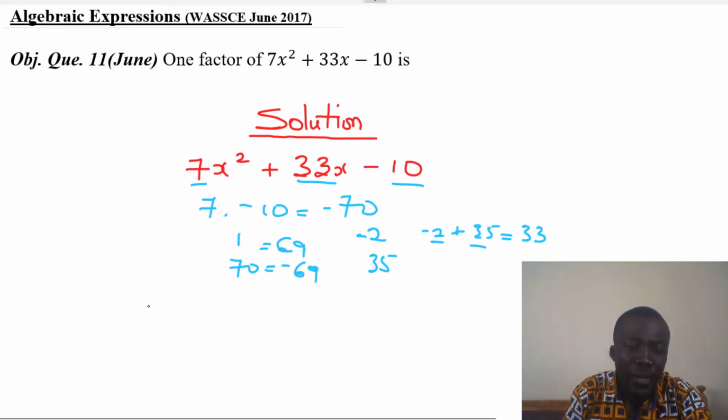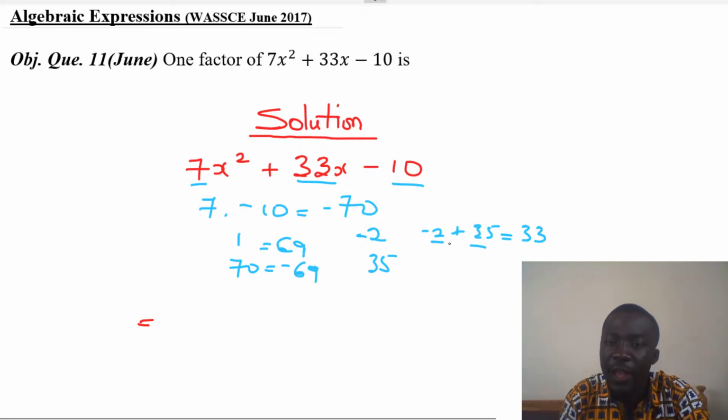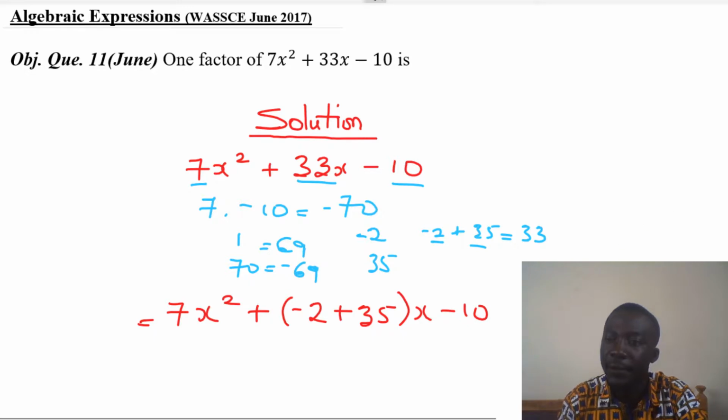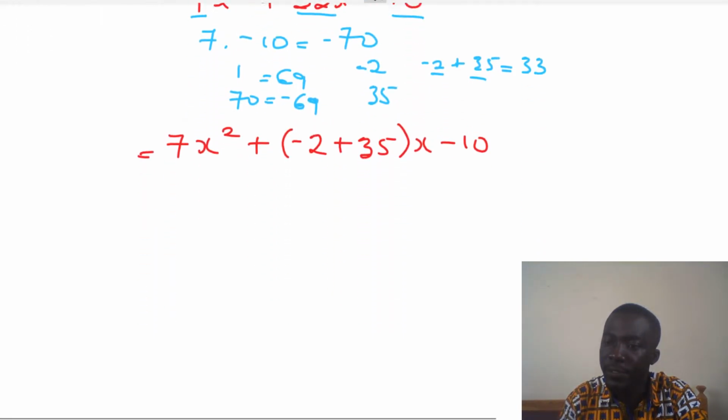What we do next, after we have found our factors, is substitute the two pair factors in place of the 33. So we get 7x squared plus, instead of the 33, I'm going to write negative 2 plus 35, then our x, minus 10.